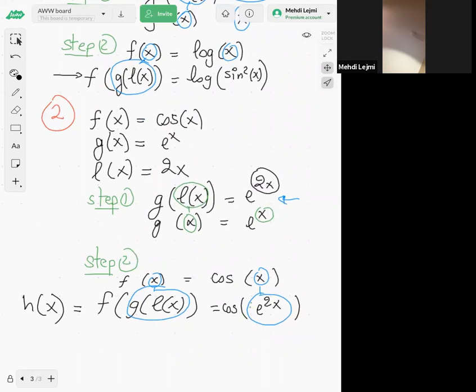Okay, so let's take a break of 5 minutes, and then after the break we're going to compute the derivative of the composition of the three functions. We said we're going to extend the chain rule to three functions, right?